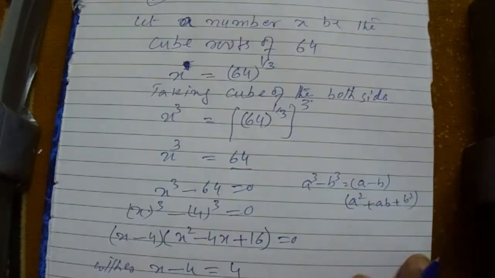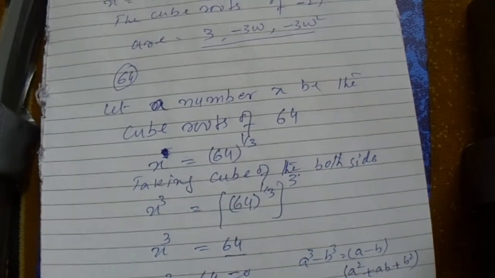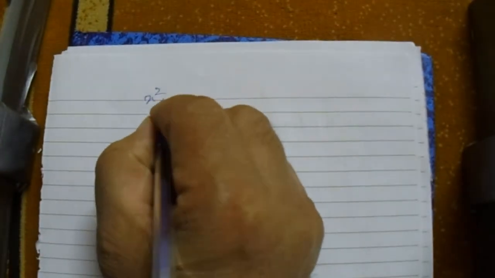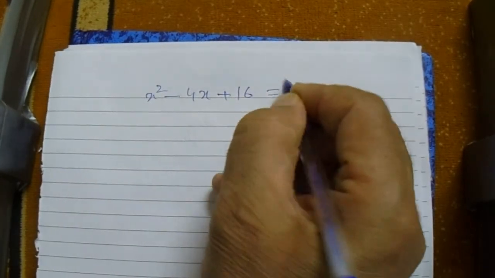Now here we use the quadratic formula and find the other two roots of this 64. Again we write here x square plus 4x plus 16 is equal to 0.